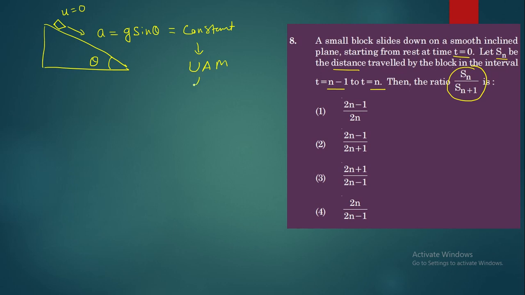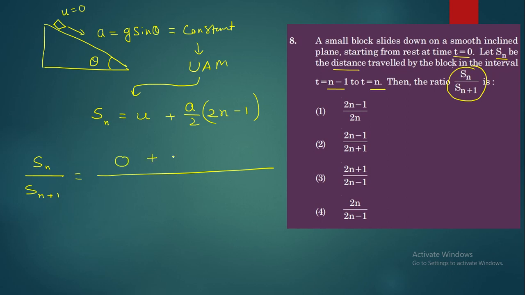And if it's so, then we can use the uniformly accelerated motion equations. We study that the distance traveled in the nth second by a block in uniformly accelerated motion is this one. Now let me calculate Sn divided by Sn plus 1.